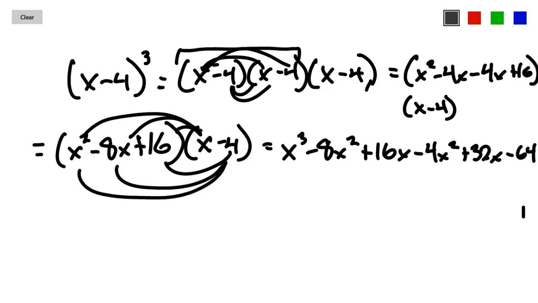And now it's just a matter of combining the like terms. So I don't have any other x cubes, so it stays the same. And as for the x squareds, I have a minus 8x squared and a minus 4x squared, so that combines to give me a minus 12x squared.